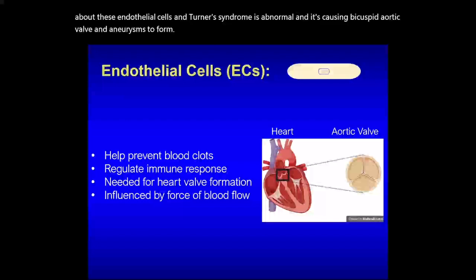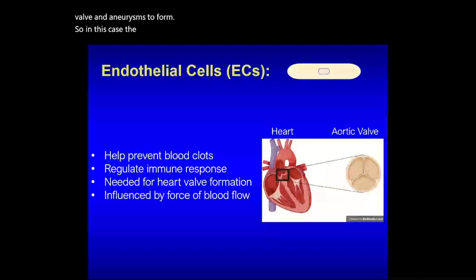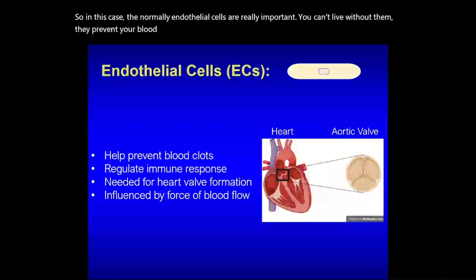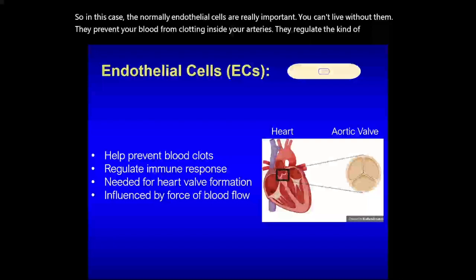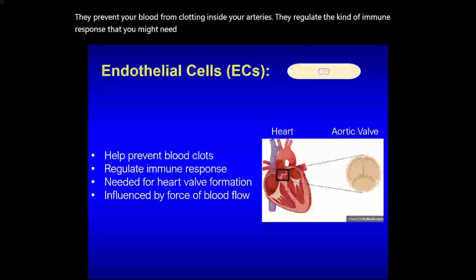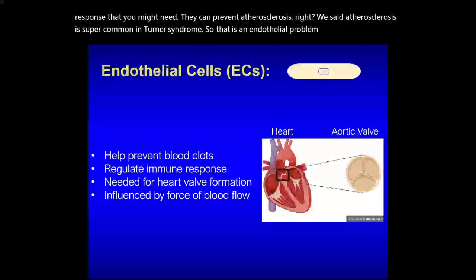So in this case, normally endothelial cells are really important. You can't live without them. They prevent your blood from clotting inside your arteries. They regulate the kind of immune response that you might need. They can prevent atherosclerosis, right? We said atherosclerosis is super common in Turner syndrome, so that is an endothelial problem. And they're needed for heart valve formation.